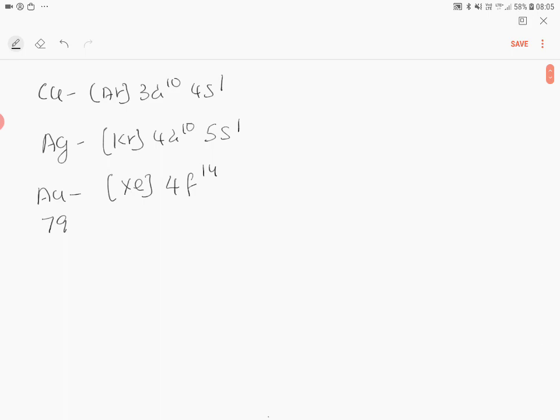You add 14 electrons. So 54 plus 14, how much? 68.